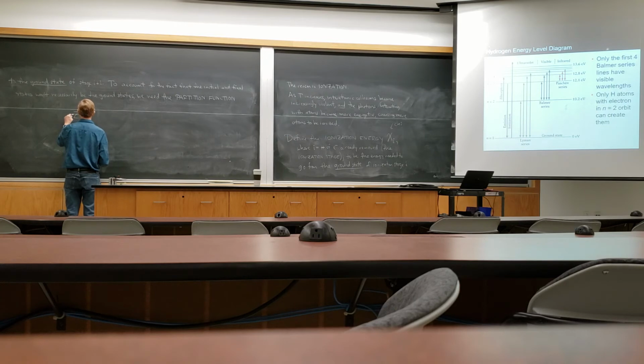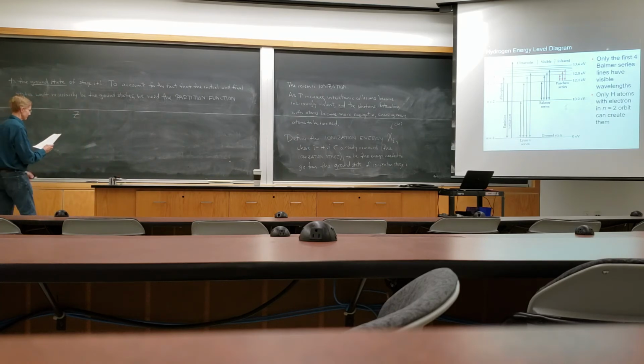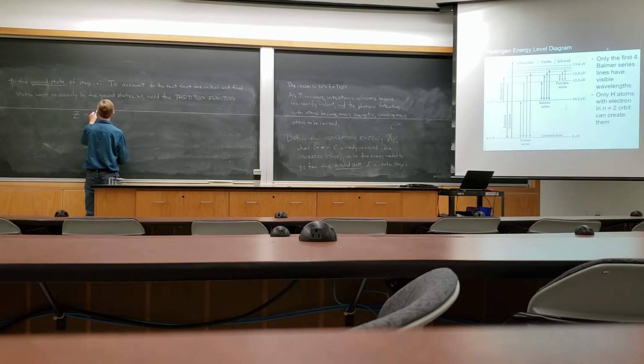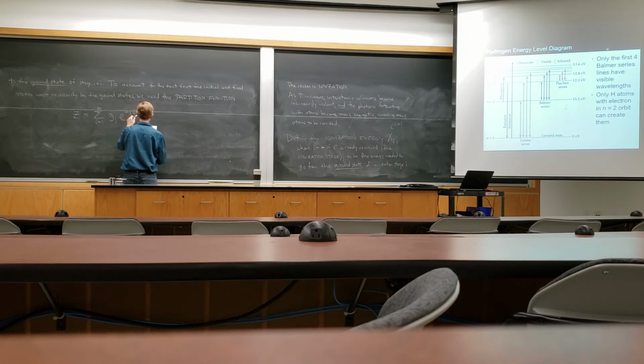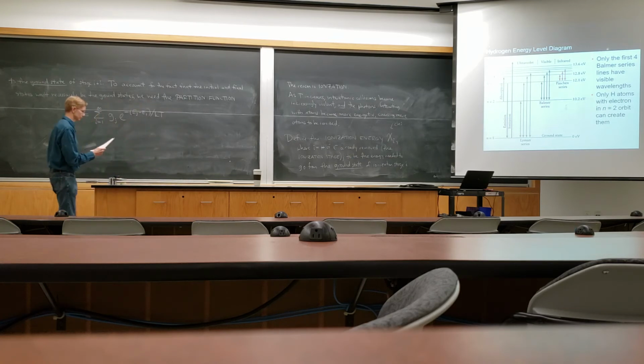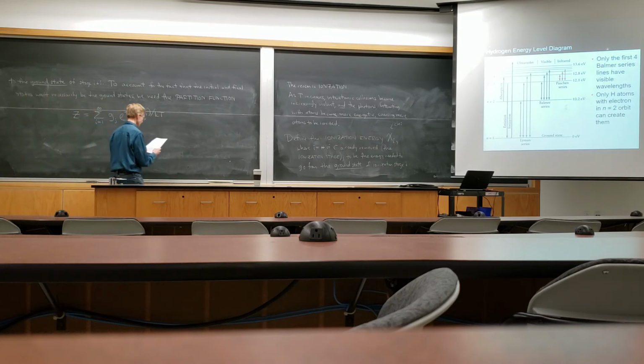It's usually given the symbol capital Z, and it's defined to be the sum from j equals 1 to infinity of g sub j e to the minus (E sub j minus E sub 1) over kT, where E1 is the ground state energy.